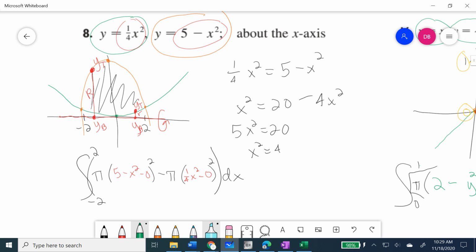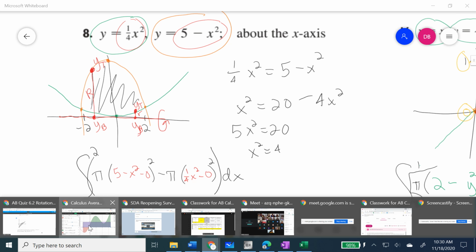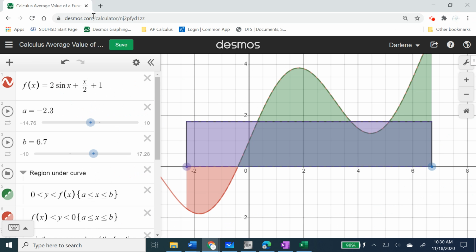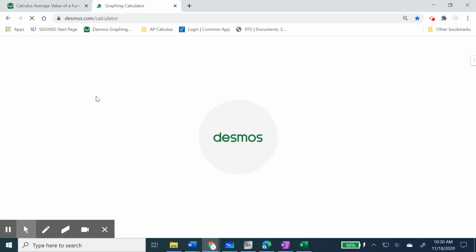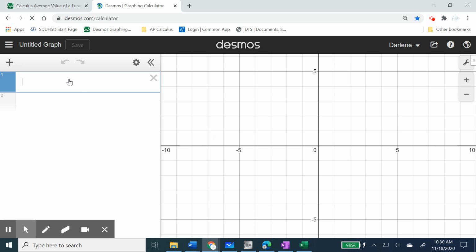You know what? That is a very important question. If you are using Desmos, you have to make sure you put into Desmos the full integral formula.